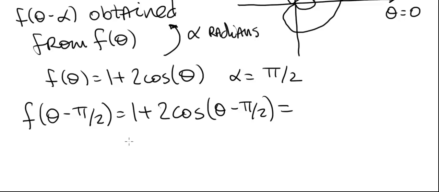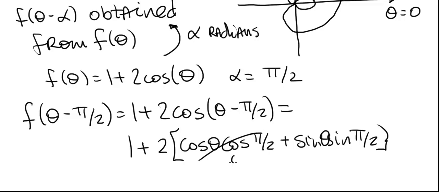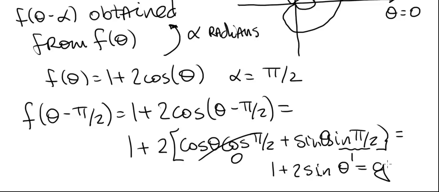And this is equal to 1 plus 2 times, we'll apply the trig identity, cosine of theta cosine of pi over 2 plus sine of theta sine of pi over 2. Well, cosine of pi over 2 is 0, so this drops off. Sine of pi over 2 is 1, and this is equal to 1 plus 2 times sine of theta, which is our g of theta.